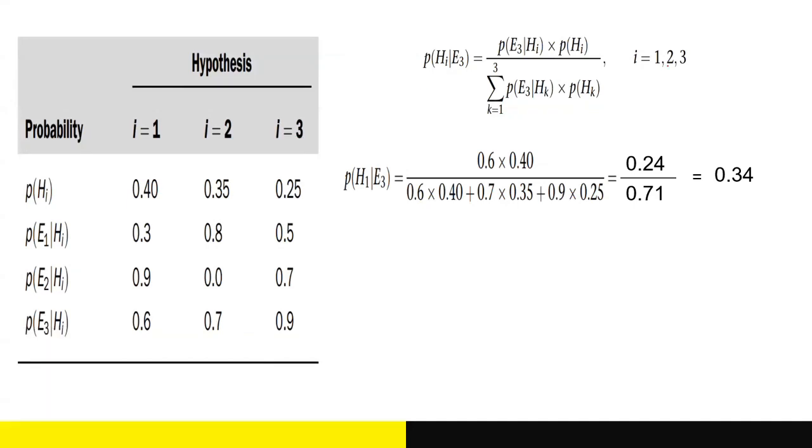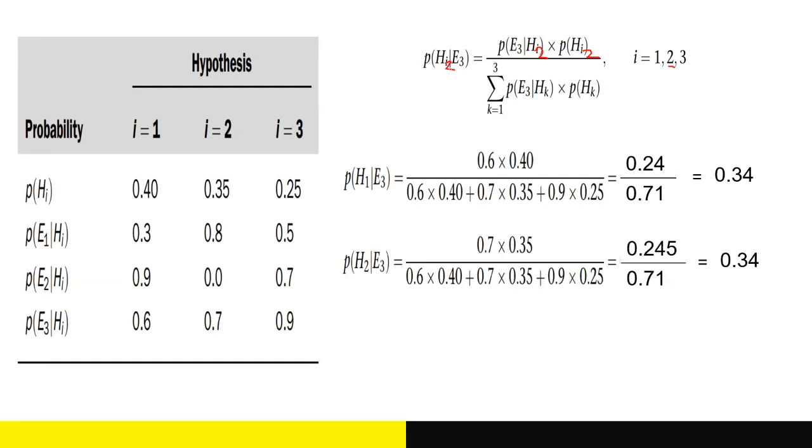And our index i now is equal to 2. So the probability of hypothesis 2 given evidence 3 is equal to the probability of evidence 3 given hypothesis 2. Evidence 3 given hypothesis 2, we have 0.7, and then the prior probability of hypothesis 2, which is 0.35.